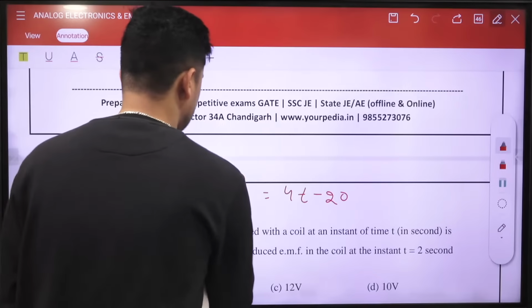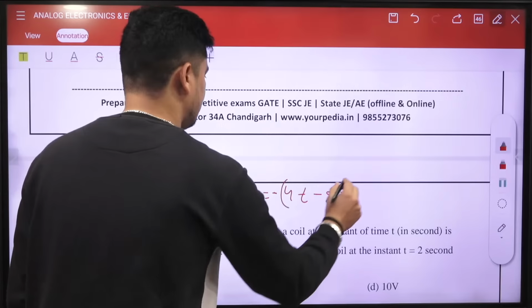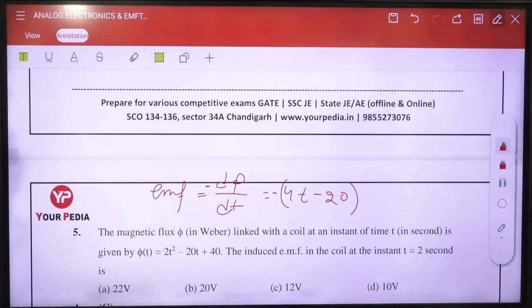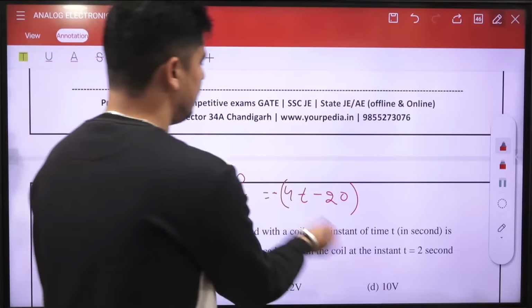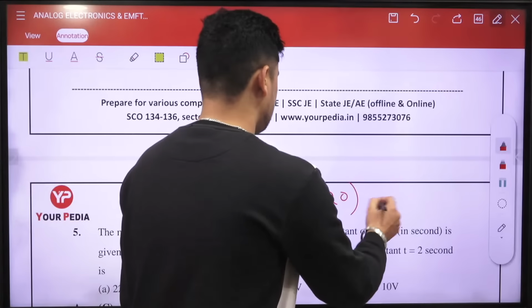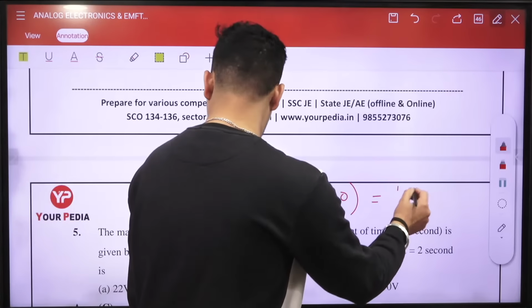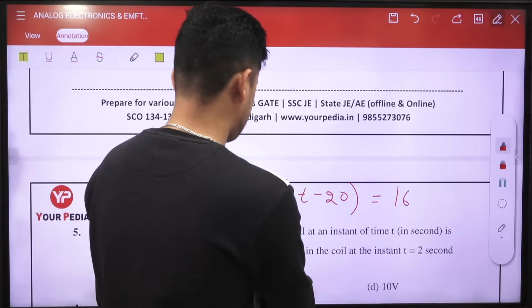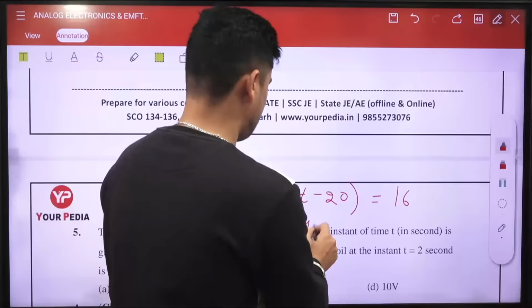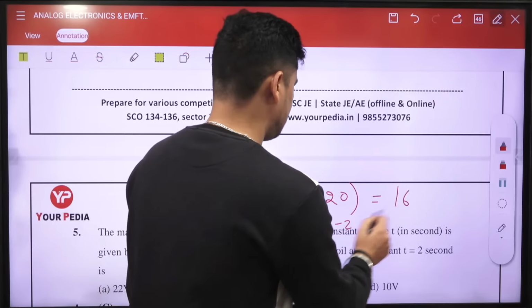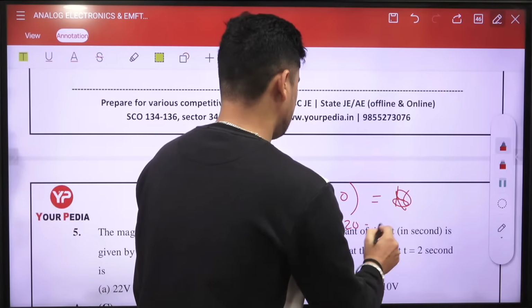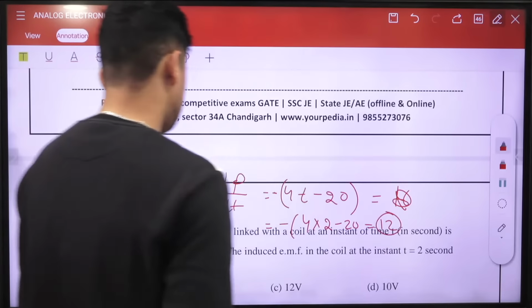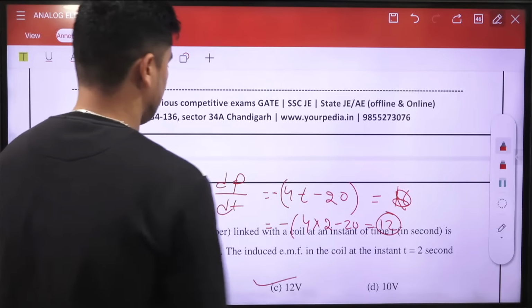Minus is also there outside. So minus of 4t minus 20, and you will replace the value of t. He is asking at t equals 2. Minus 4 into 2 minus 20, that is going to be 12. So answer will be 12 volt here.